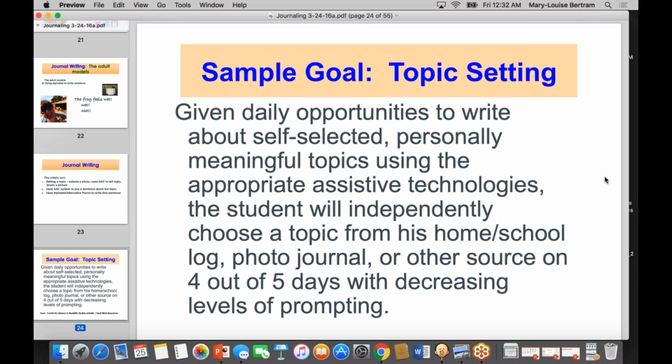We can go back to, all right, well, let's look at that first part of the sentence. Is it self-selected? Is it personally meaningful? And it needs to come back to, maybe it's not.